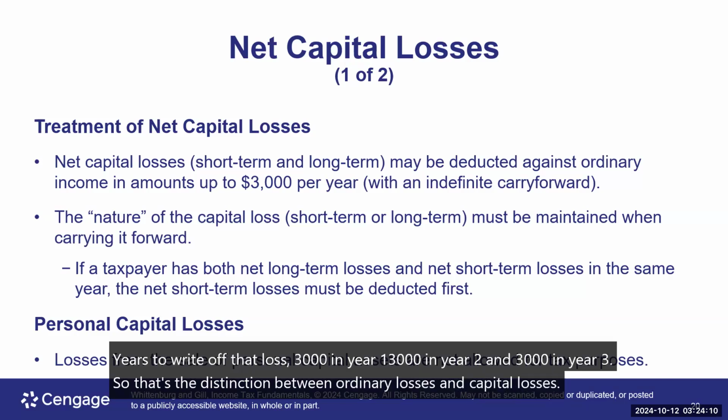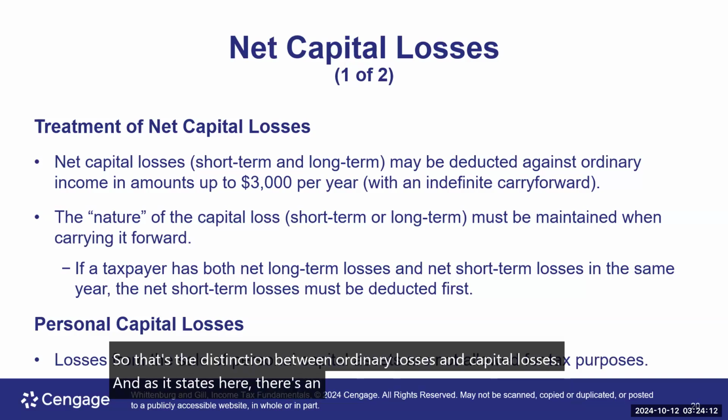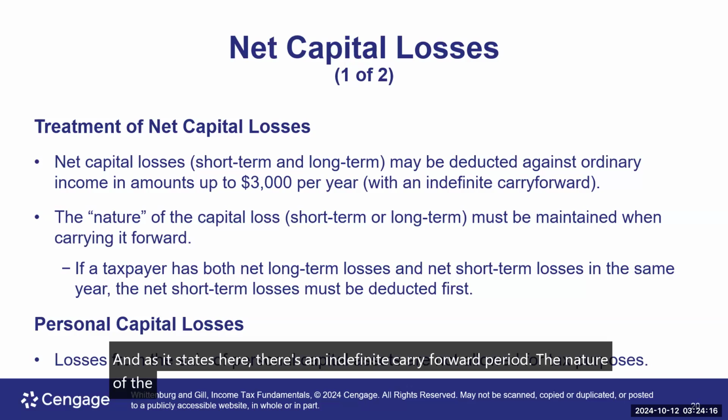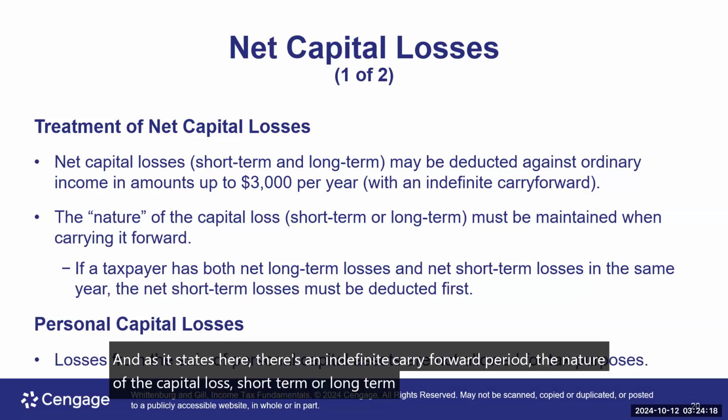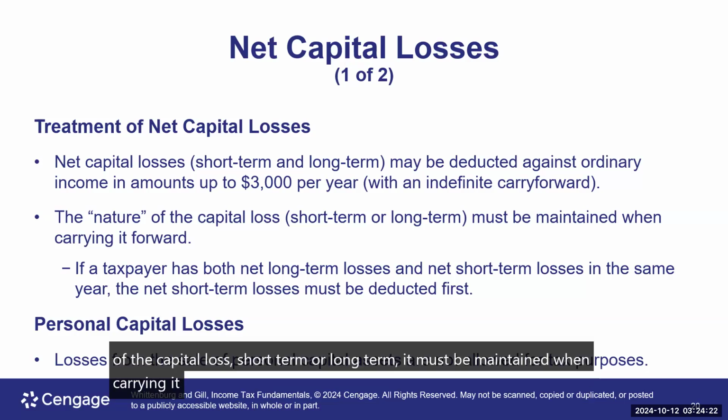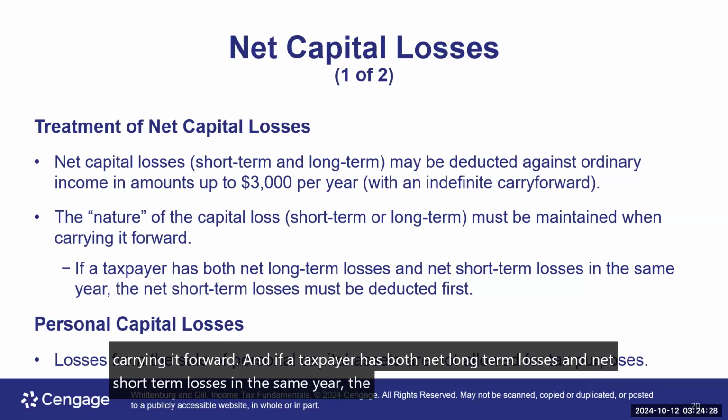And as it states here, there's an indefinite carry forward period. The nature of the capital loss, short-term or long-term, must be maintained when carrying it forward. And if a taxpayer has both net long-term losses and net short-term losses in the same year, the net short-term losses must be deducted first.